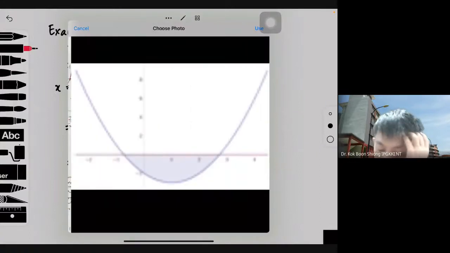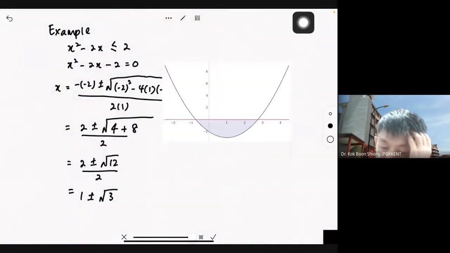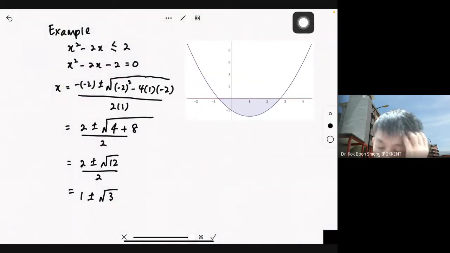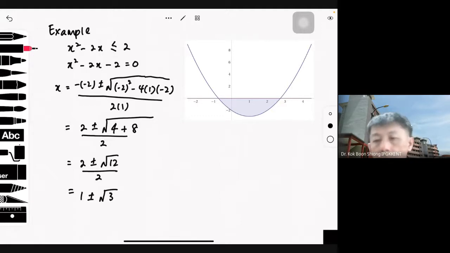So the graph is something like this. So the point will be between which one? What is the first point? Negative 0.732, right?